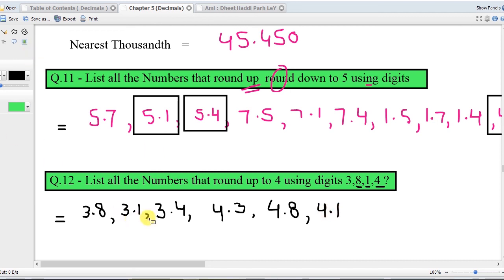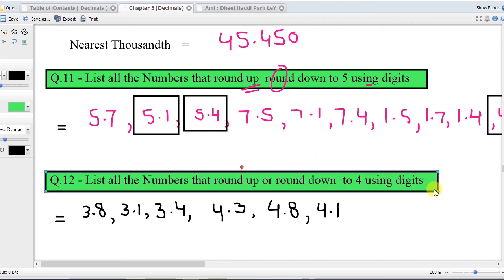Now let's just circle the ones that can be rounded up or rounded down to 4. Okay, so this is 3.8.